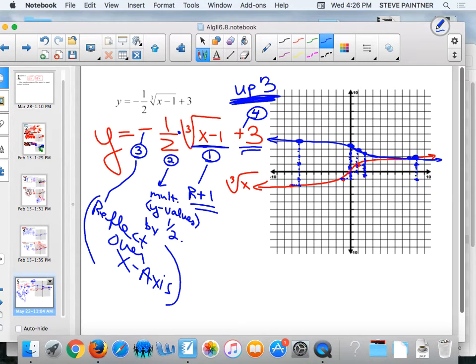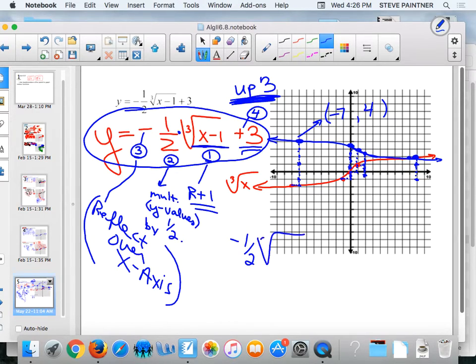Okay, now here's the deal. If you want to know if you're right, try this point right here. That point would be -7, 4. So you could try that point in this equation. See if it works. And we'll just do it quick. It's going to be a cube root of what? -7 minus 1, and then what's in the end?